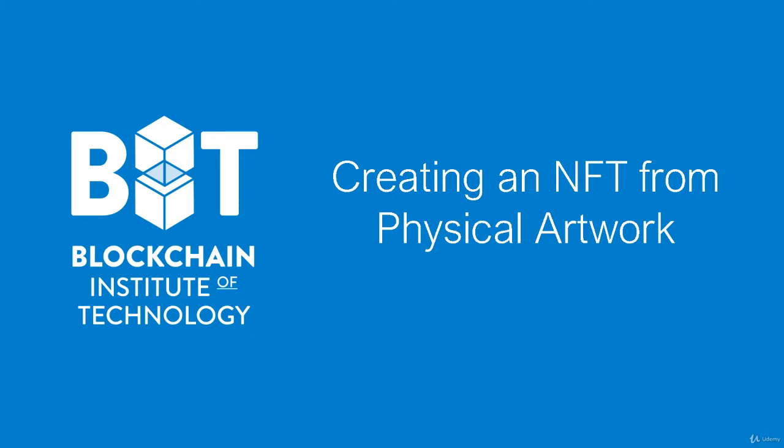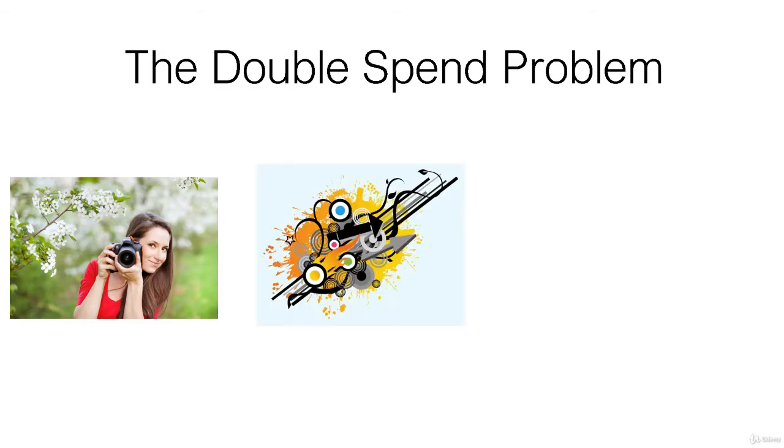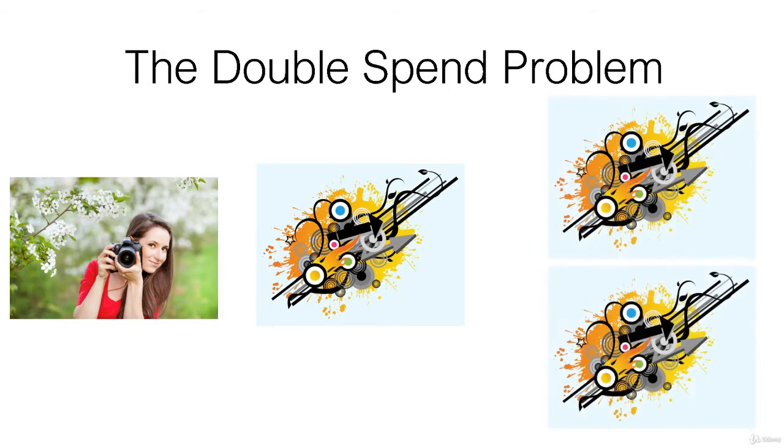In this lesson, we will go over the aspects that are most important for you to understand about creating an NFT from physical artwork. To do that, I want to take you back to the concept of the double spend problem. Now, you may recall that the double spend problem is when you take a picture of an item. For example, you take a picture of this digital artwork. Well, you can just make multiple copies of those digital artwork pictures and just send them all over the world.